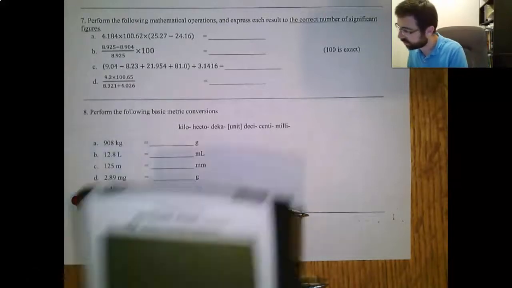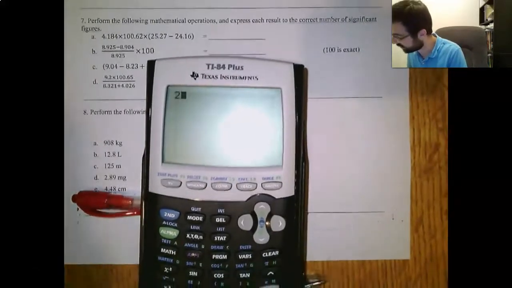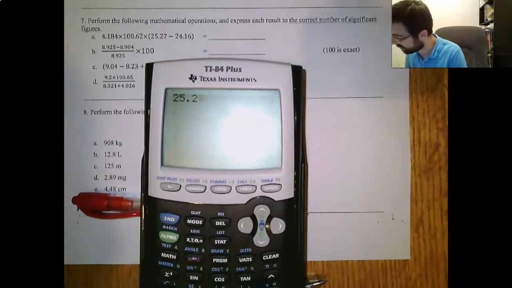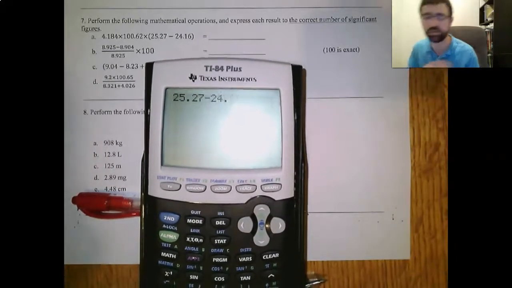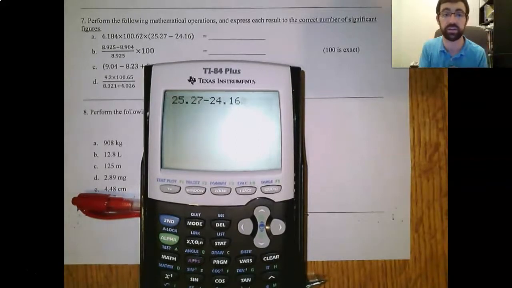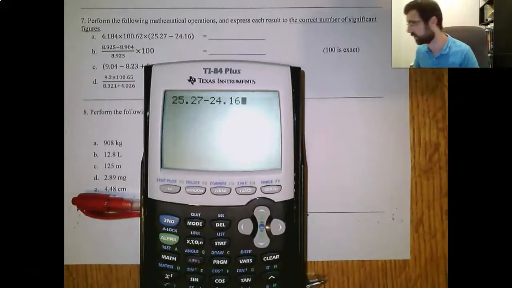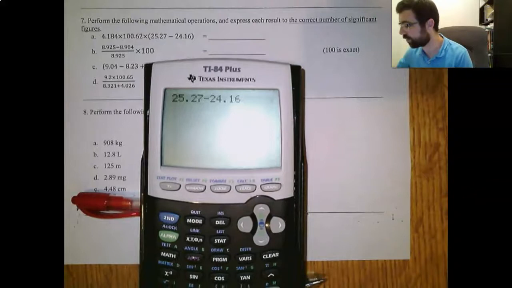25.27 minus 24.16. Now I understand you could put this all in your calculator and get an answer. That's great. We just want to make sure that we're maintaining our significant figures correctly. Okay, so I get 1.11.